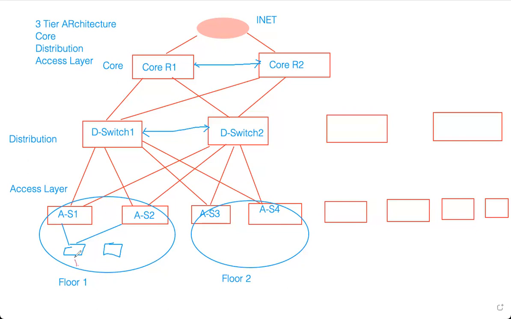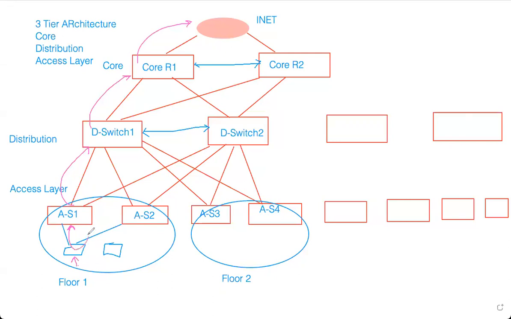For example, from PC1, it will go to access switch 1, and switch 1 will send that packet to distribution switch 1, and distribution switch 1 will be sending that to core router 1, and core router 1 will be sending to the internet. This is one path, right?